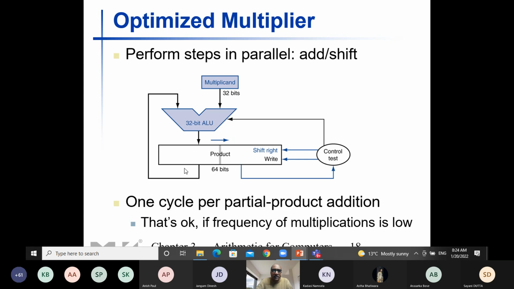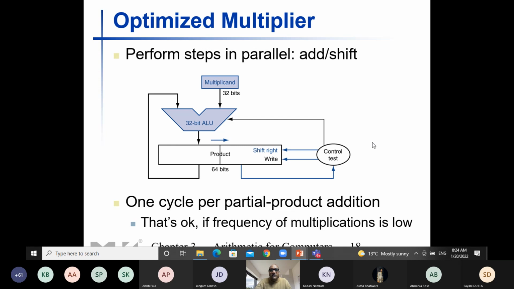To support this 64-bit product, MIPS makes use of a pair of registers known as the HL pair, high and low. Those two registers will hold these 64 bits.